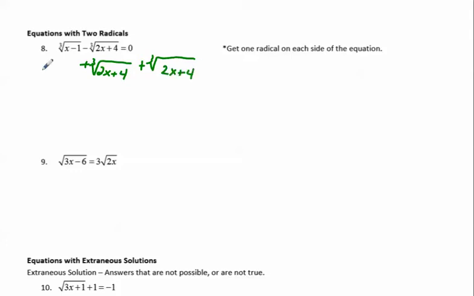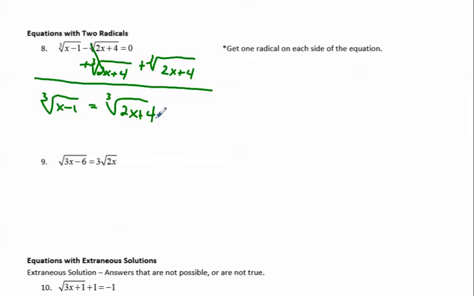So now that I've added it to both sides, it's gone here, and I have it on the right side. So cube root of x minus 1 equals cube root of 2x plus 4. And now I can cube both sides, and I have a pretty easy equation.